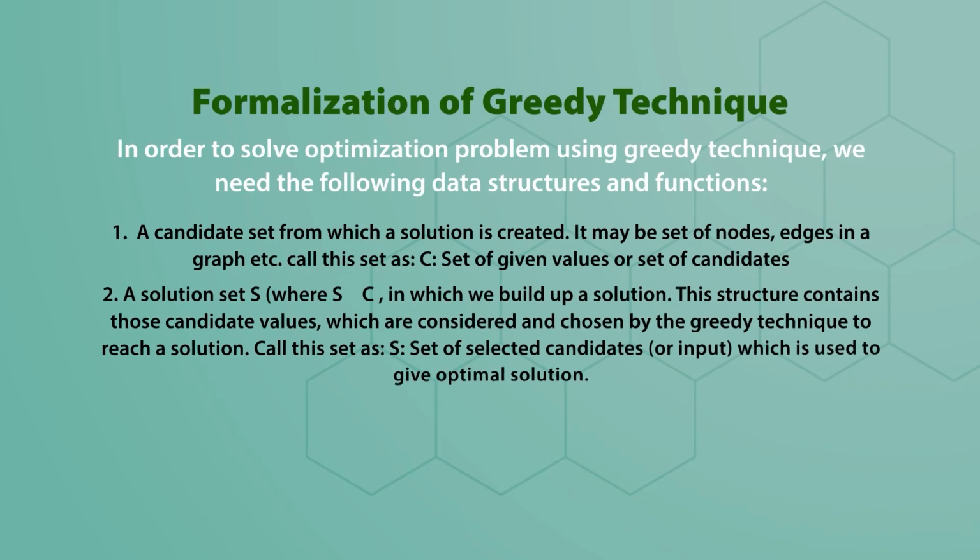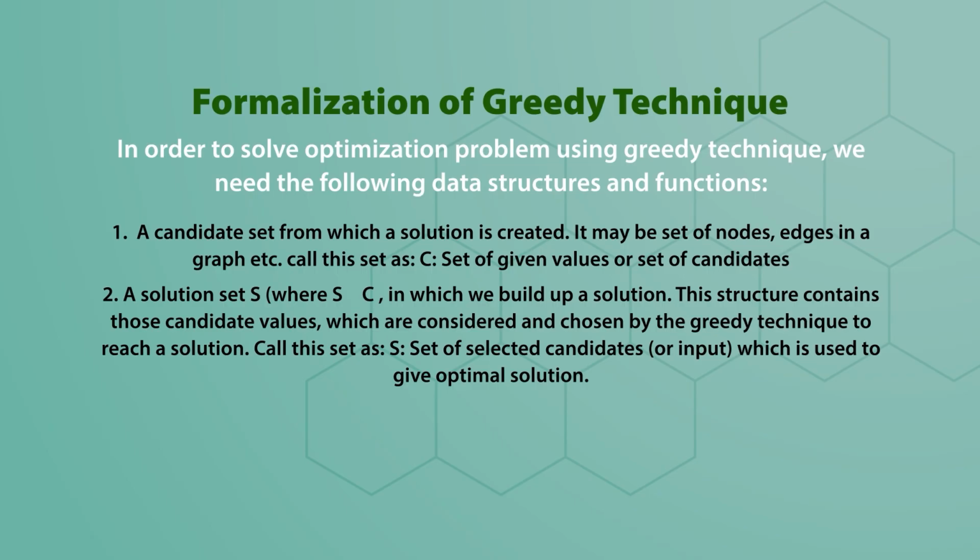The next step, if we formalize it, is a solution set S. Keep in mind, the solution set S is a subset of set C, in which we build up the solution. This structure contains those candidate values which are considered and chosen by the greedy technique to reach a solution.